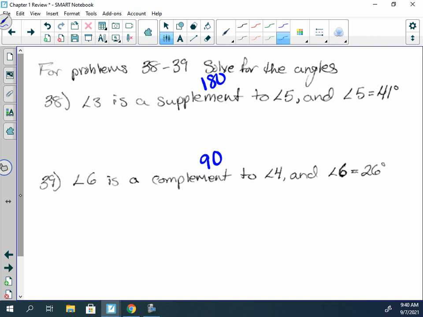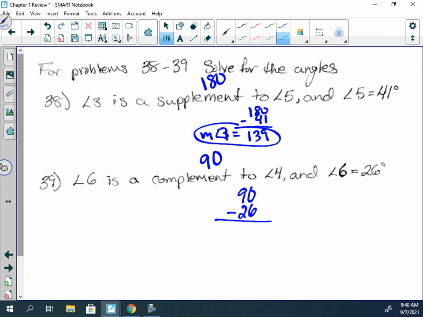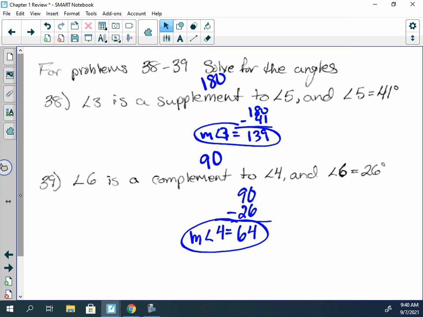So if I wanted to find the measure of angle 3, I would take 180 and subtract 41 and see that the measure of angle 3 is 139. 6 and 4 are complements, so I can take 90 and subtract 26 and see that the measure of angle 4 is 64 degrees.